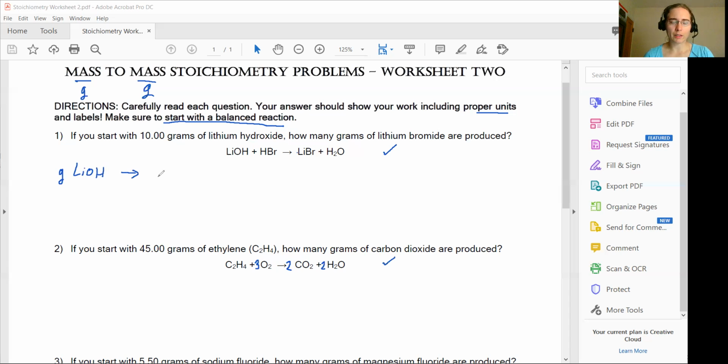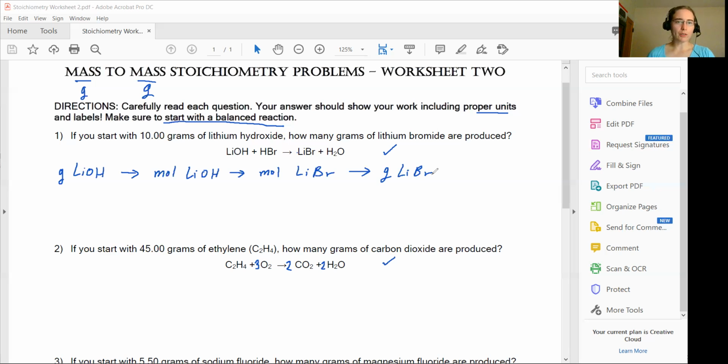Next step is to convert to moles of lithium hydroxide. After that, we're going to convert to moles of our destination, our unknown, so that's lithium bromide. And then finally, we'll convert those moles of lithium bromide to grams of lithium bromide.